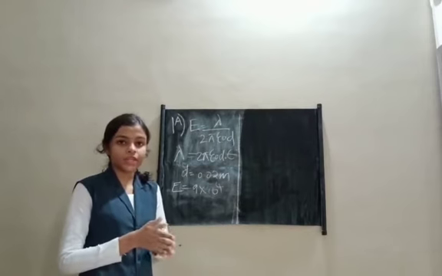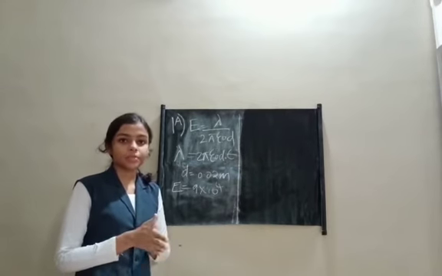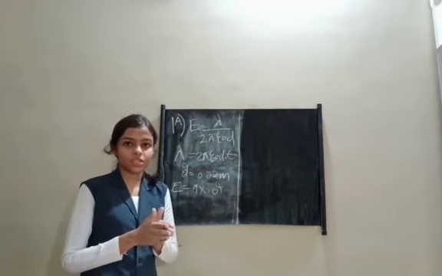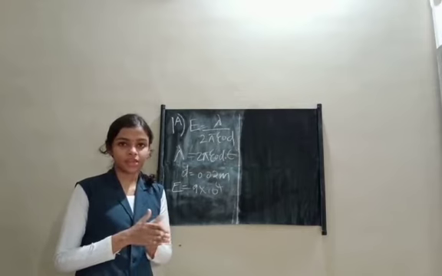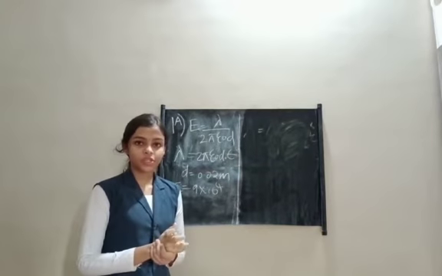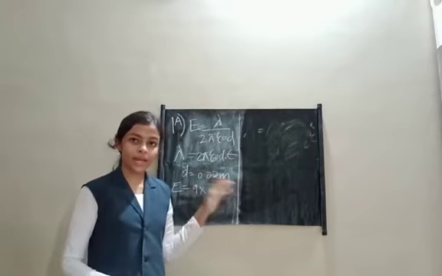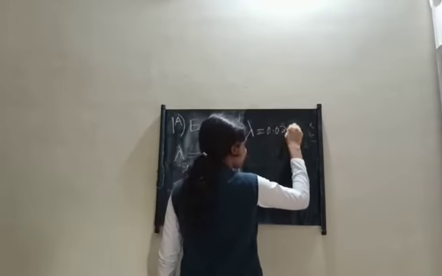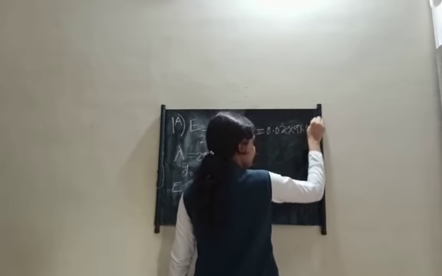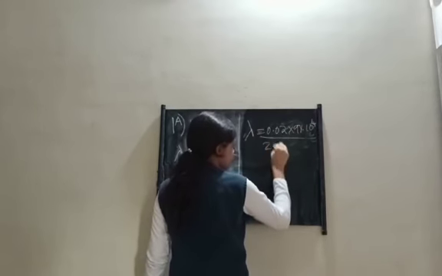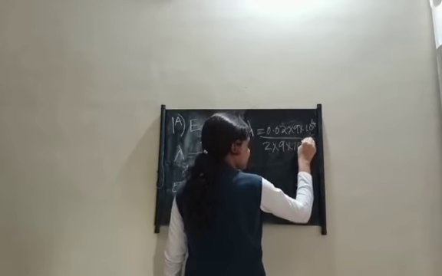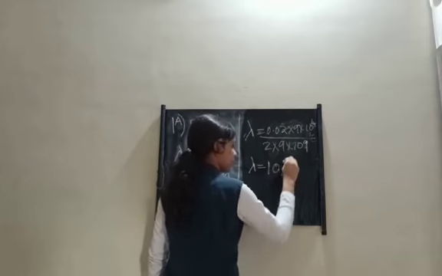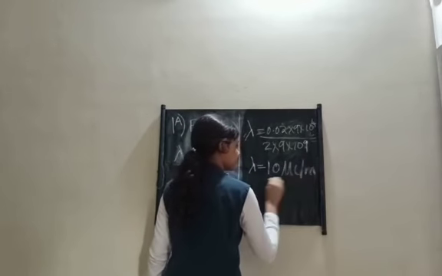And we know that epsilon 0 is the permittivity of free space, and the value of 1 by 4 pi epsilon 0 is 9 into 10 raised to 9. Now we should substitute all these values. So lambda equal to 0.02 into 9 into 10 raised to 4 by 2 into 9 into 10 raised to 9. Now the final answer is lambda equal to 10 microcoulomb per meter.